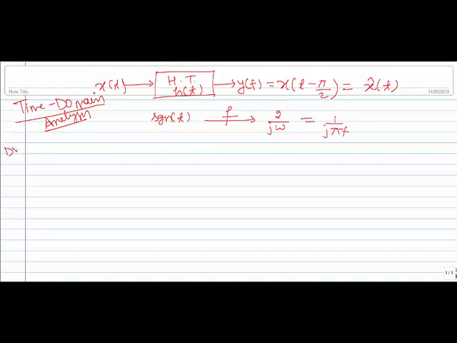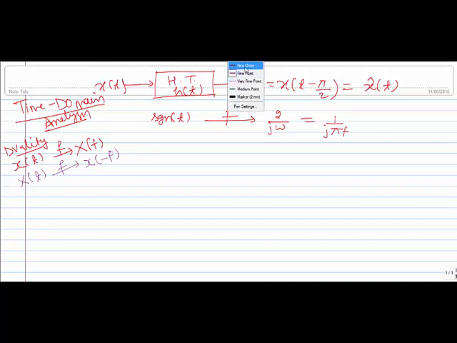So let me tell you what duality in Fourier transform is. If a small x(t) has Fourier transform of capital X(f), then capital X(t), mind the small x and capital X, will have Fourier transform of small x(minus f), right? This is the duality.